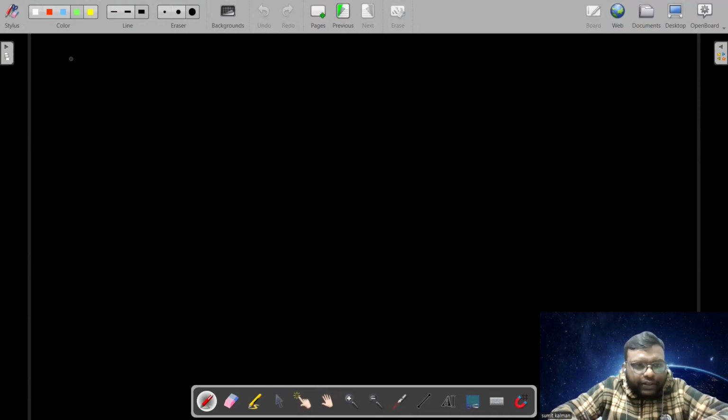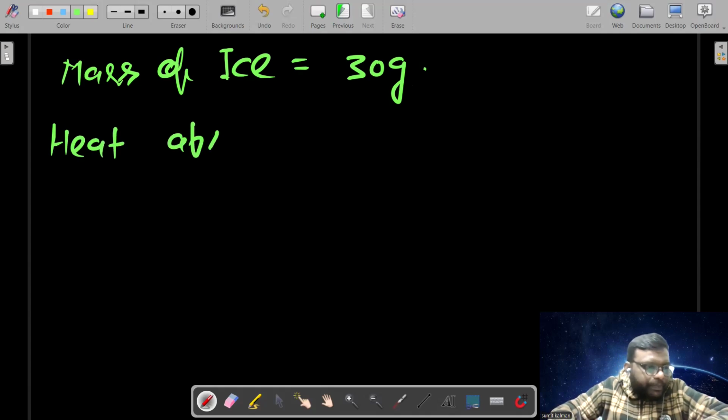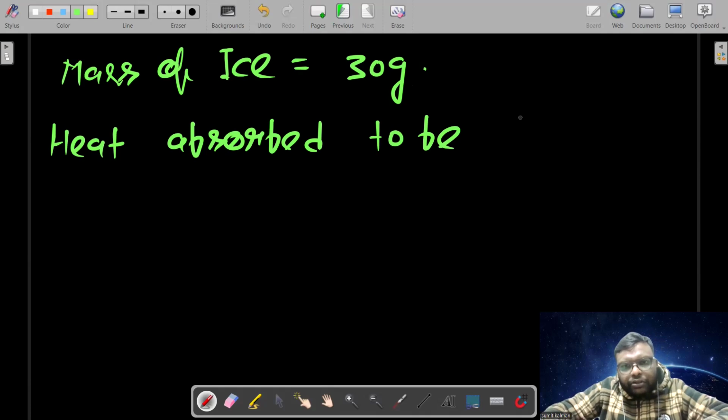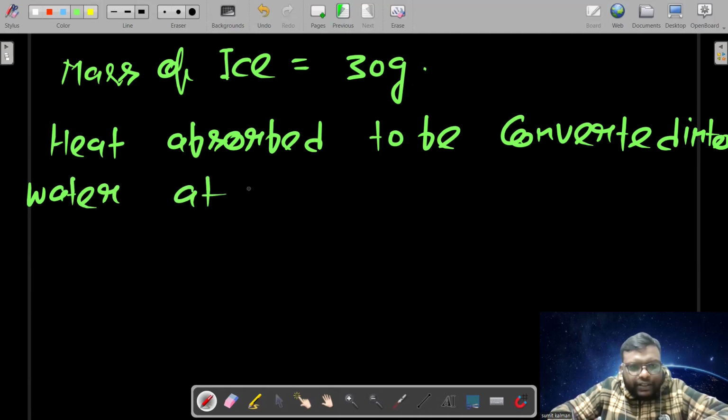Here you have the mass of ice given, and it is 30 gram, and the heat absorbed to be converted into water at 0 degrees Celsius.